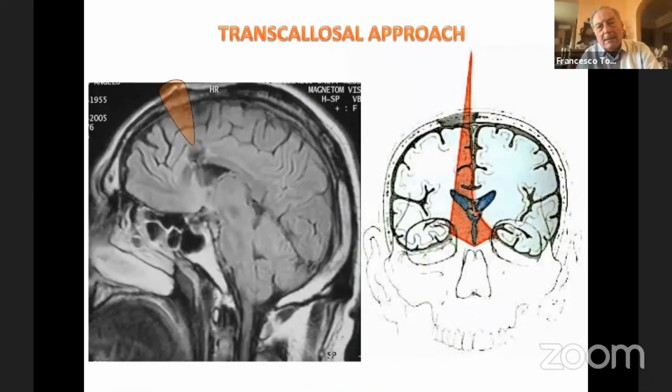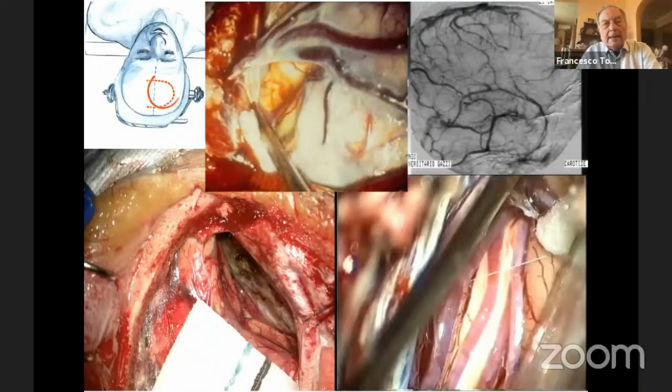But in most cases, I use, and it is used everywhere in the world, the transcallosal approach, which is, of course, an approach through a very small opening in the corpus callosum. As you see, the problem with the transcallosal approach is the importance of sparing the bridging veins.